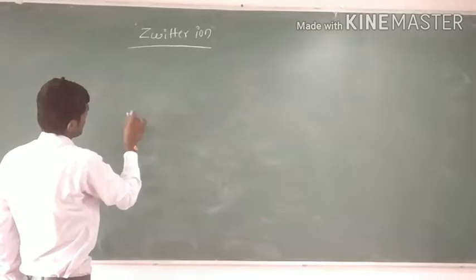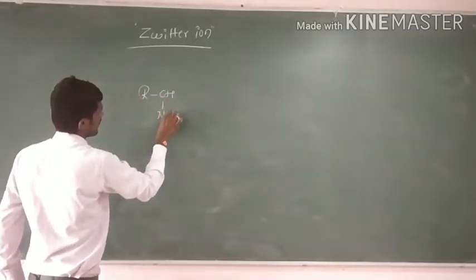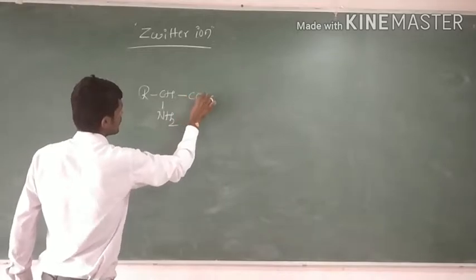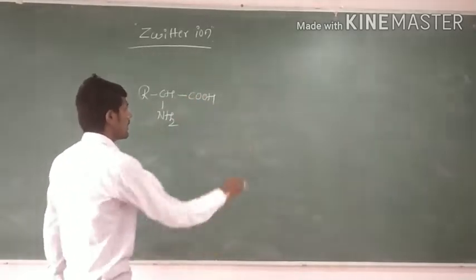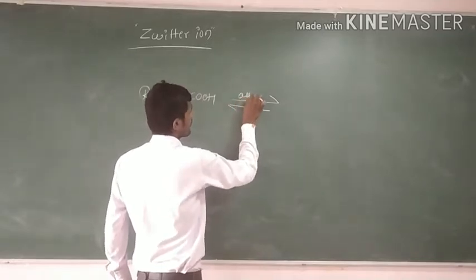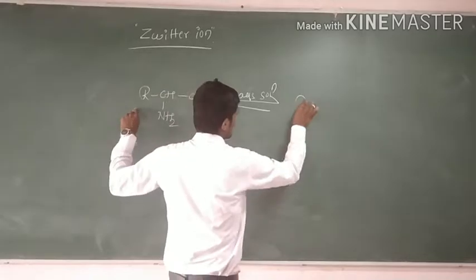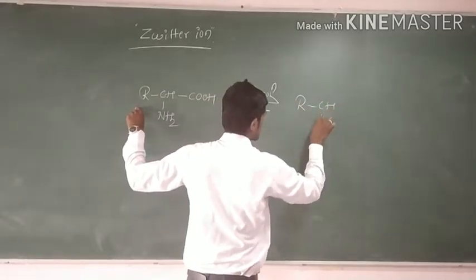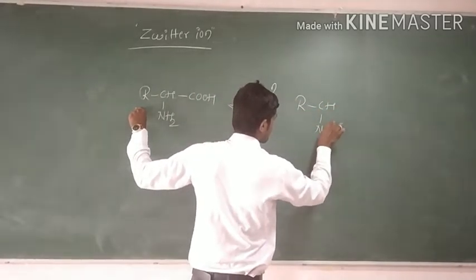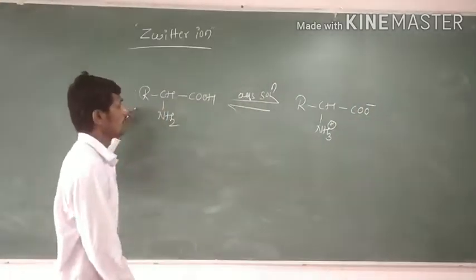Take a general example, amino acid RCH NH2 COOH. In presence of aqueous solution, it changes to RCH, here NH3 plus and COO minus.